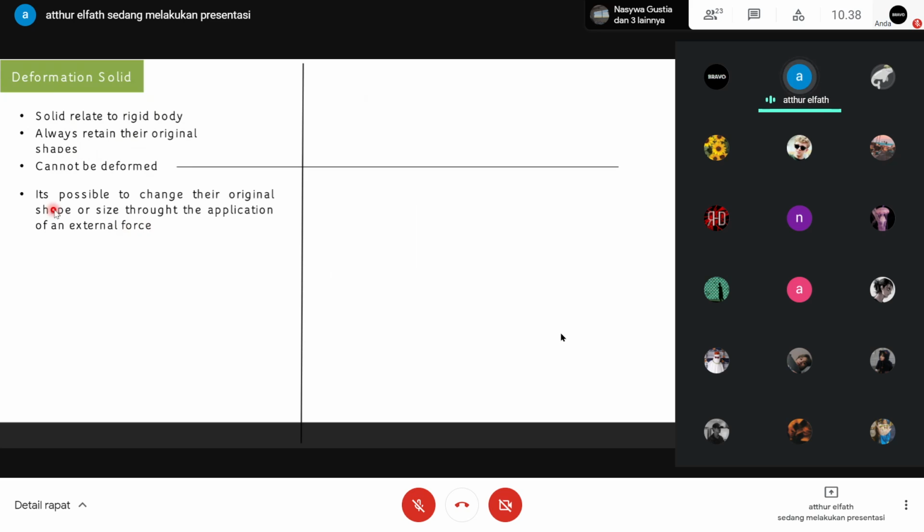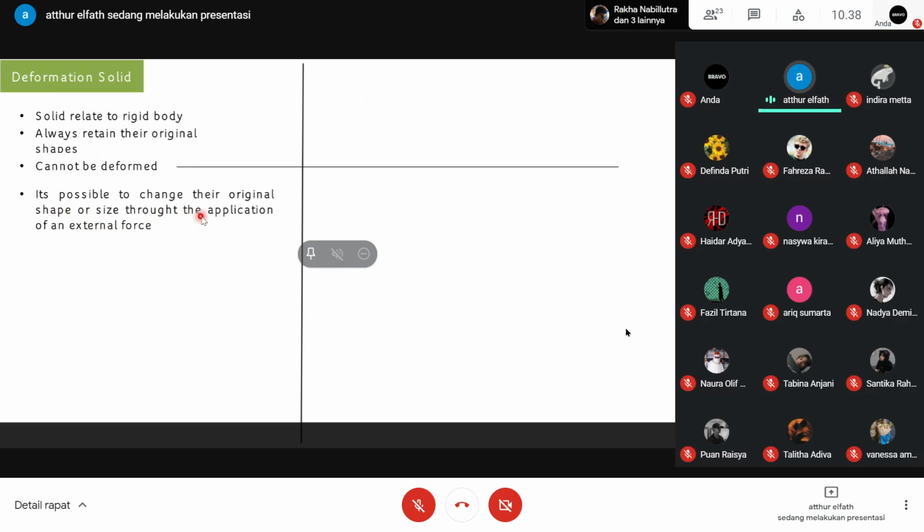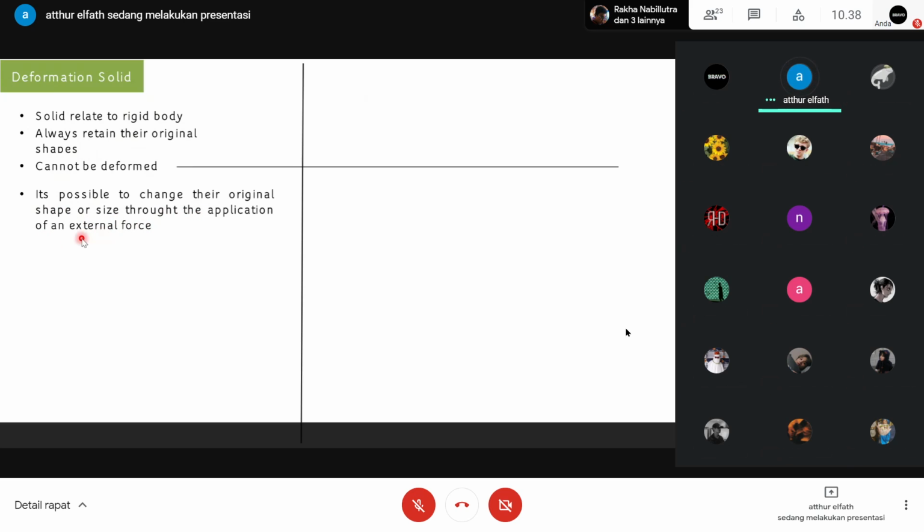And then the last characteristic of solid, it's possible to change their original shape or size through the application of an external force. External force, as I told you, means our force. Maybe we can use a hammer and maybe we can use a drill in order to change the original shape.